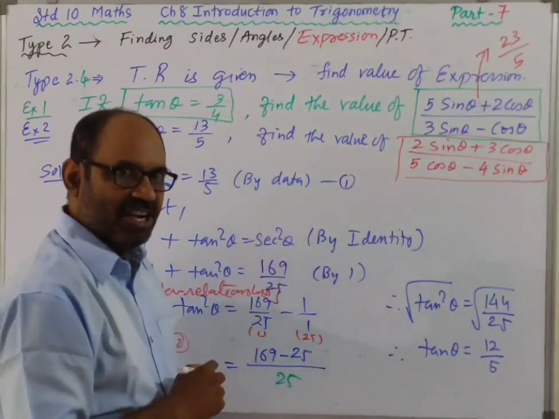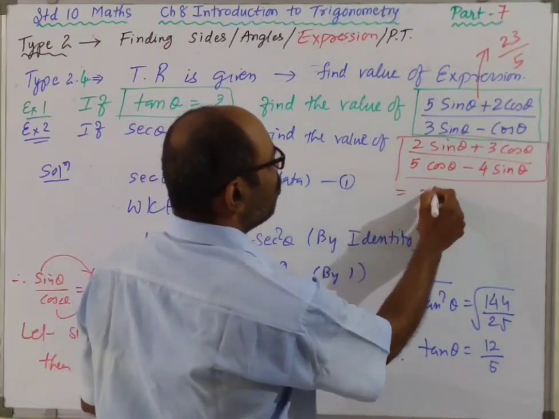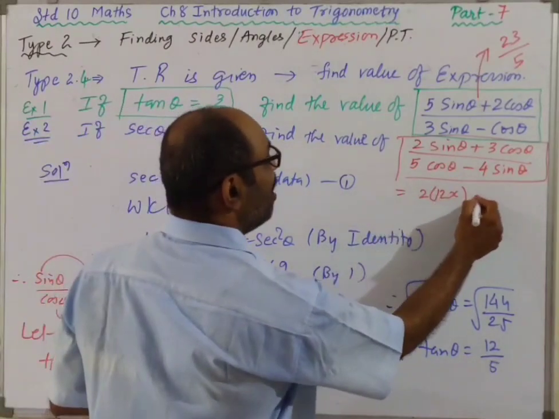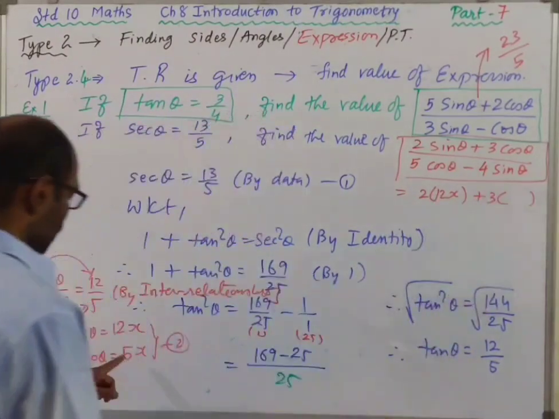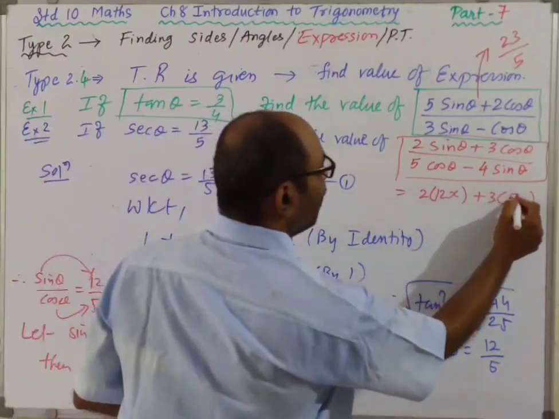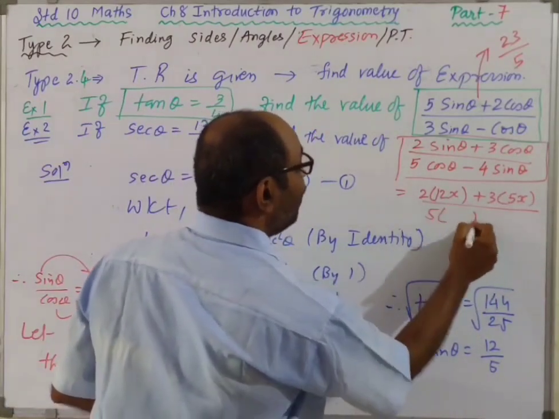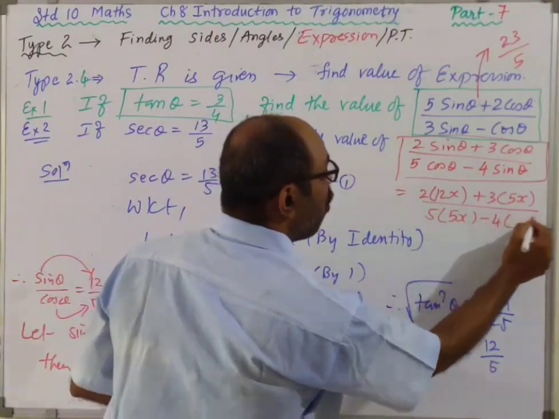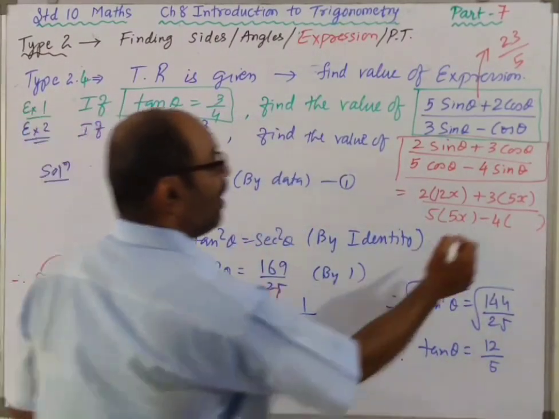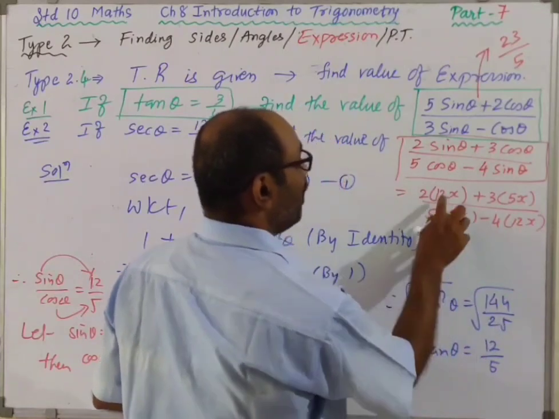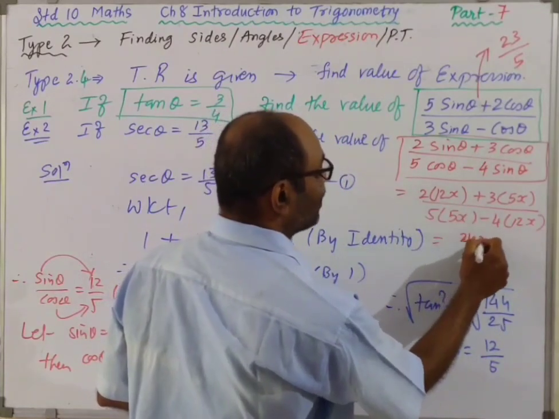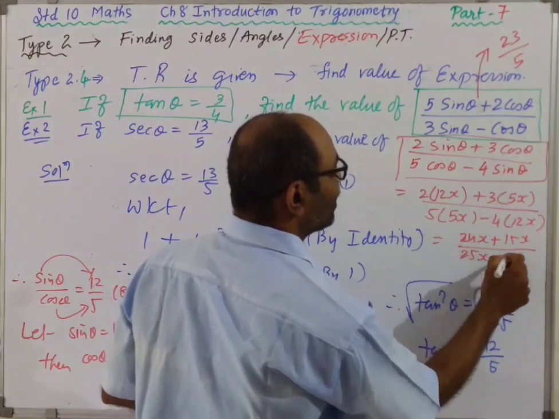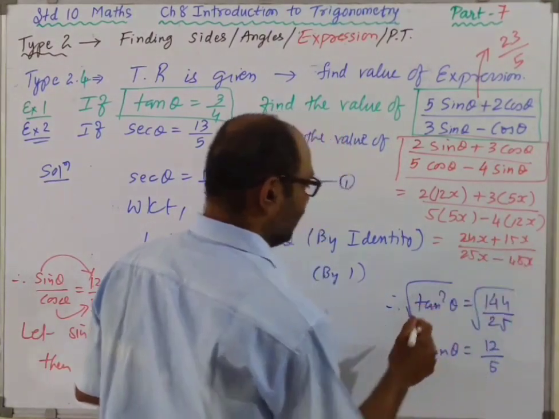In the expression, put the value, 2 into sin, that is 12x, plus 3 into cos, cos is 5x, upon 5 into cos, cos is 5x, minus 4 into sin, sin is 12x. This gives me 12 2s are 24x plus 15x upon 5 5s are 25x minus 48x.